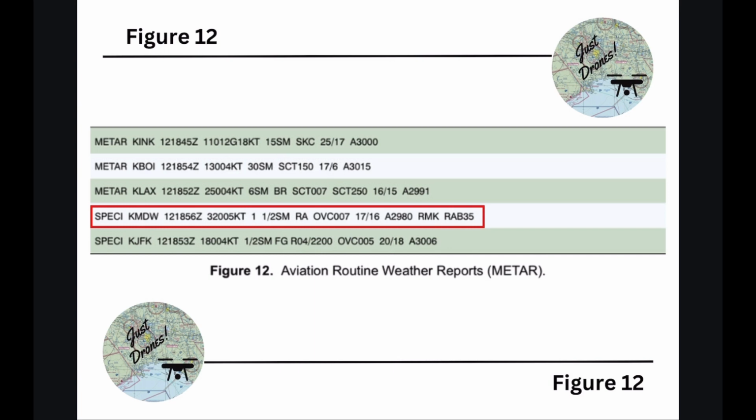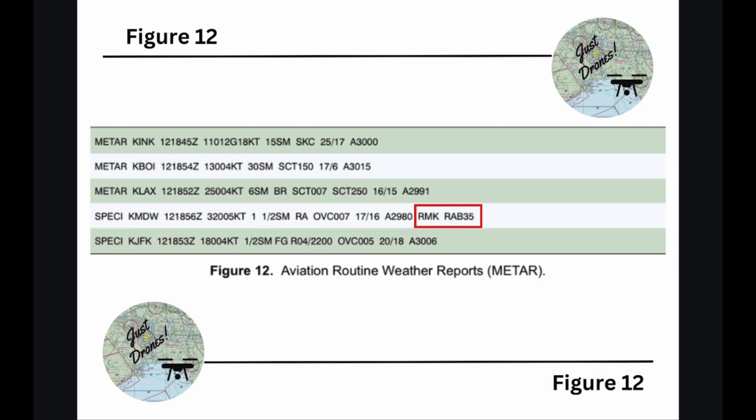So A2980 is where we start. That's our altimeter setting, 29.80, and then past that, we have something that's labeled as RMK. And then that's when we see our RAB35.